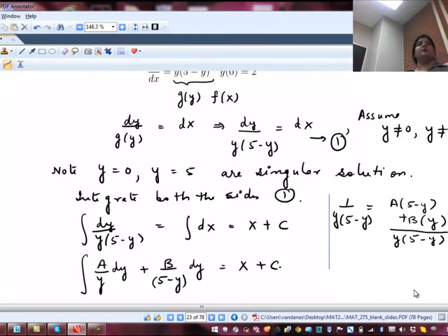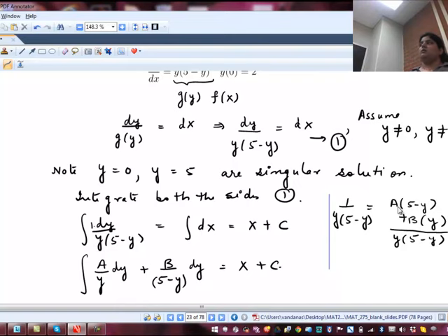So is this step clear to everyone? Any question in this step? It's 1 times dy, so it's 1 over this thing. It should be equal to the splitting.